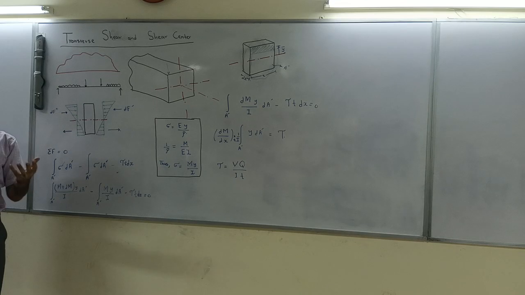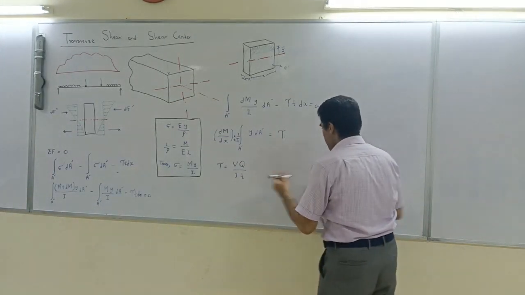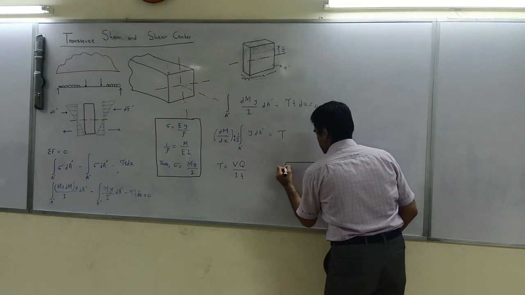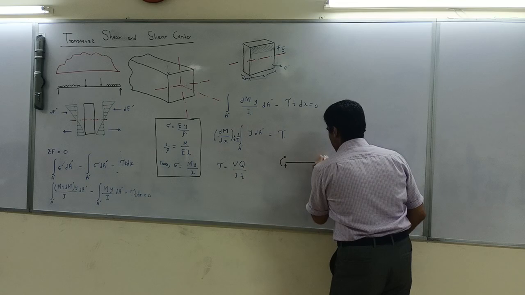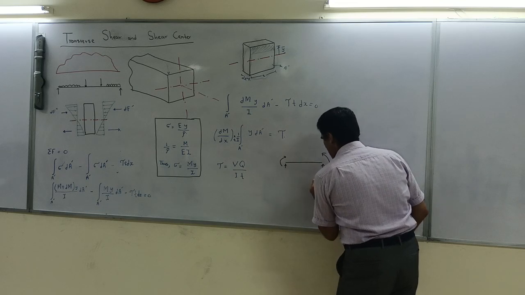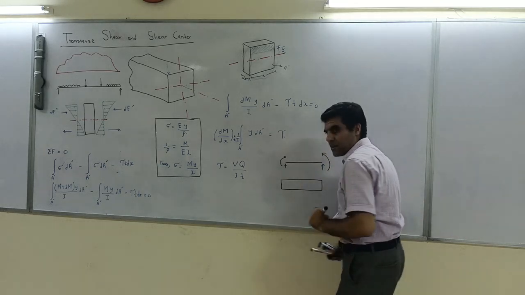There can be a loading where we can't have variation. Okay, and what is that? Imagine we have a beam which is subject to moments. Now, in the case of moments, our bending moment diagram is a straight line.